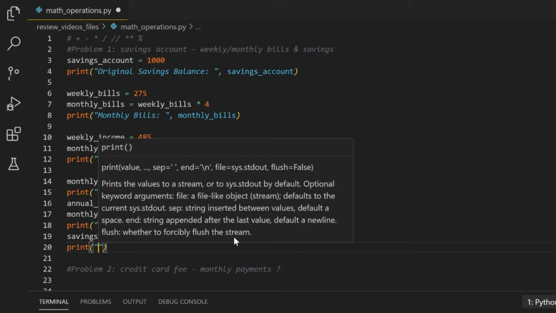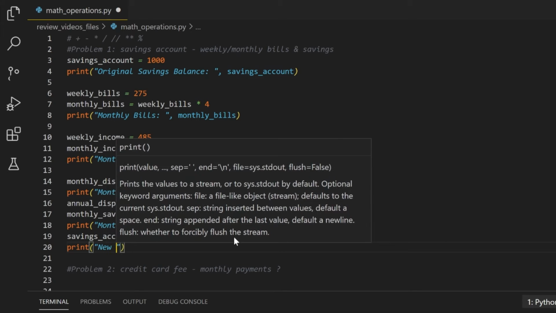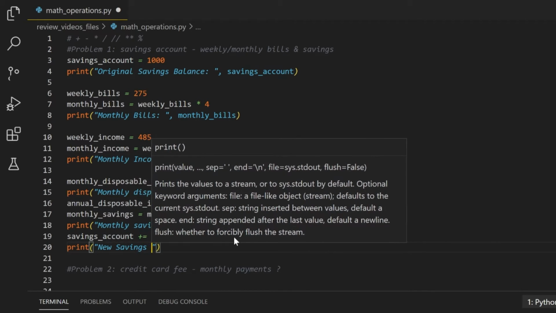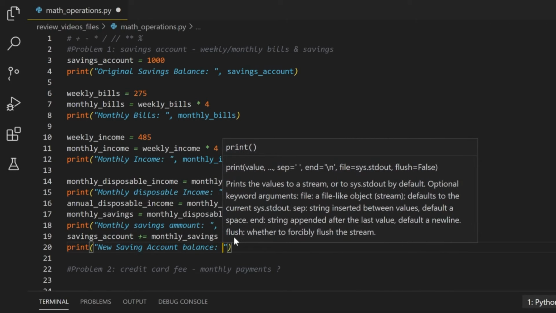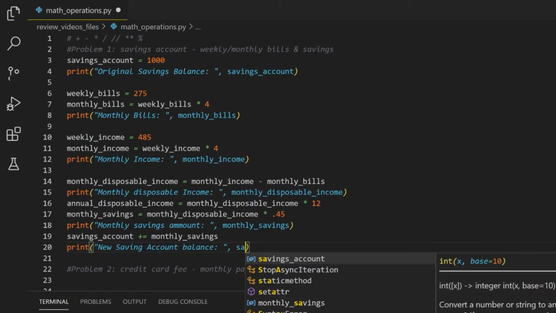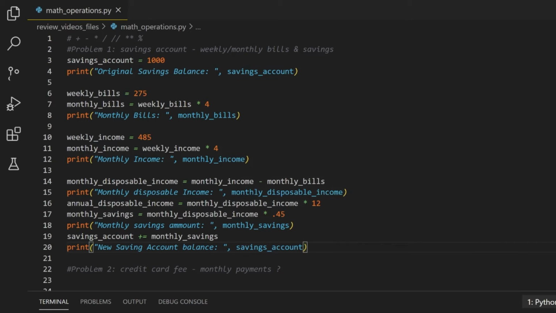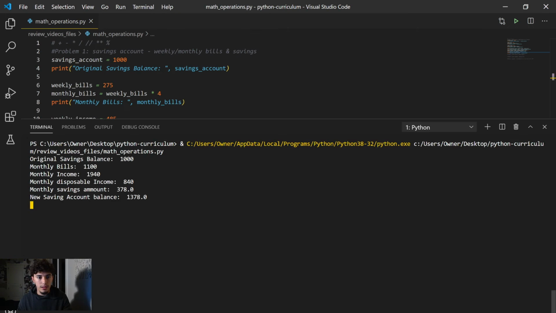So we can print out, and then how much time are we? We're at 9 minutes. Okay. So we can print out new savings account balance. And that's going to be equal to our savings account, just our original variable, because it got updated because we added monthly savings to it. So now we can go ahead and we get exactly that.